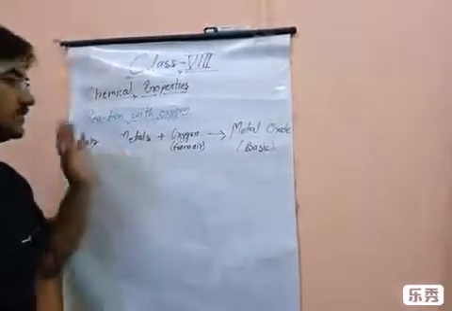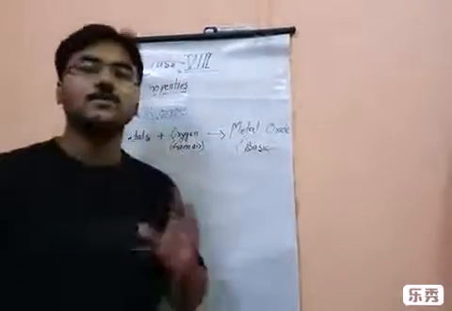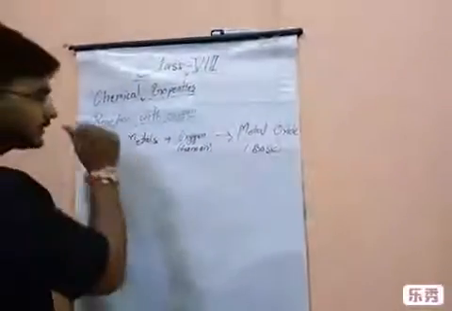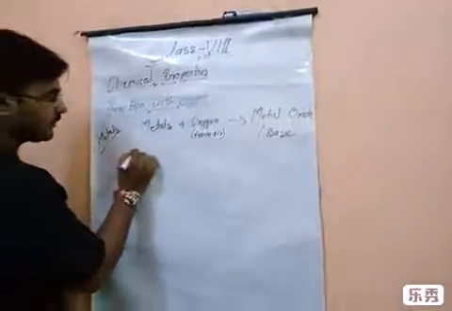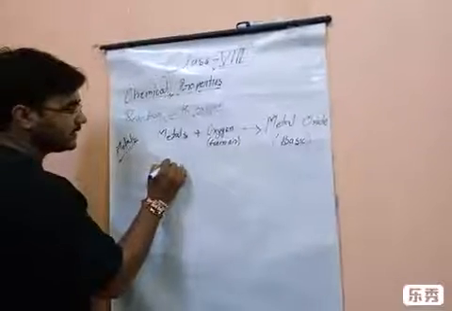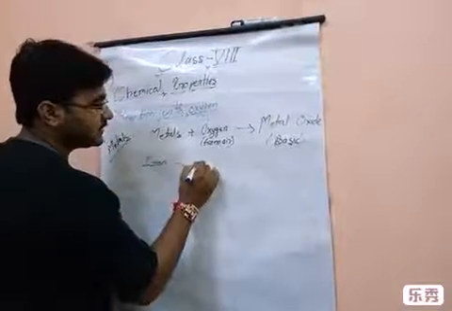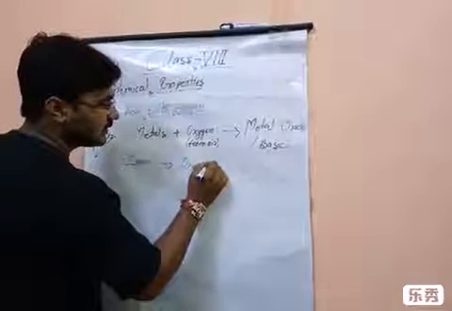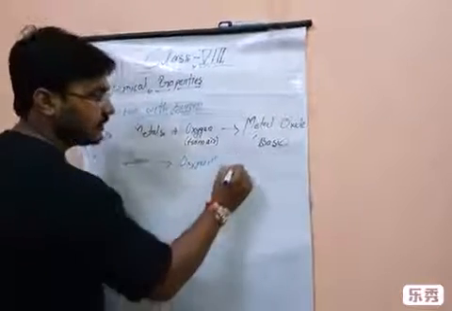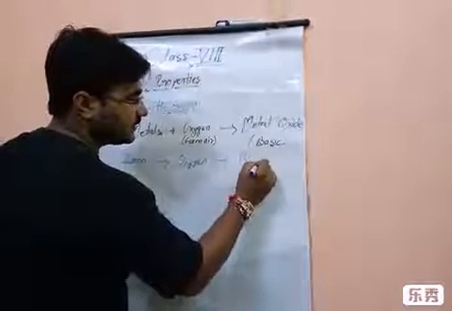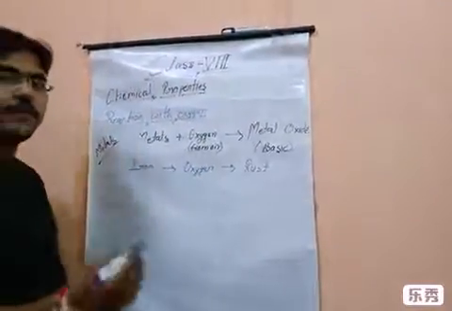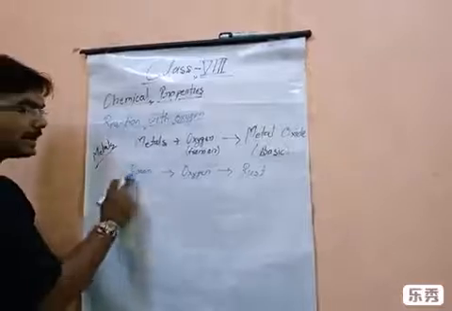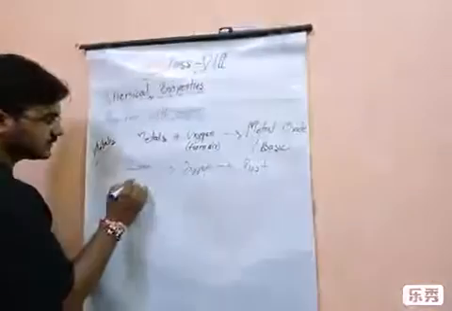Now we will go through the simple equation of the formation of rust. All of you know that iron reacts with oxygen and forms rust. This was the simple language. Now in science language, iron is termed as ferrous.